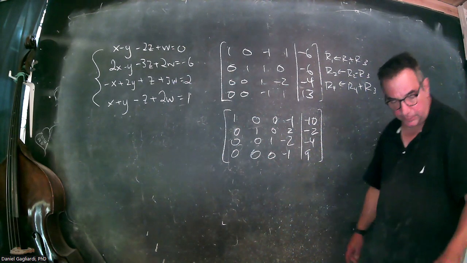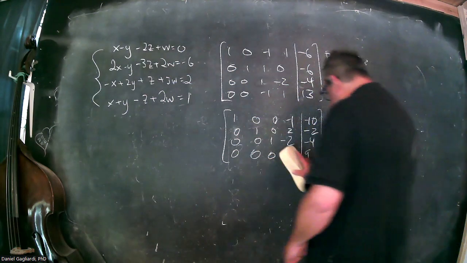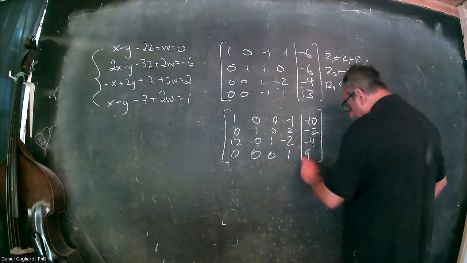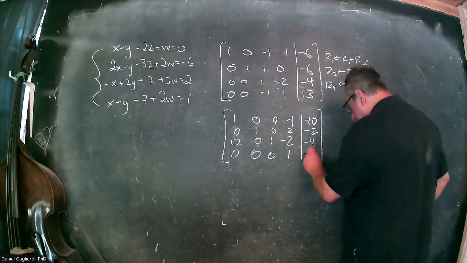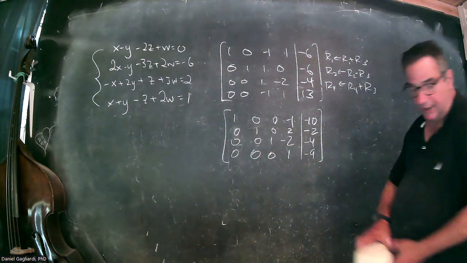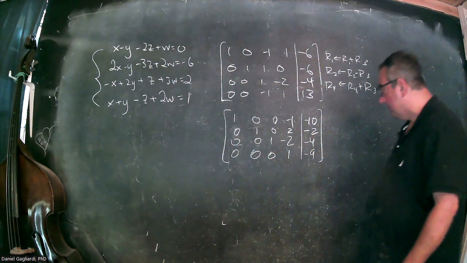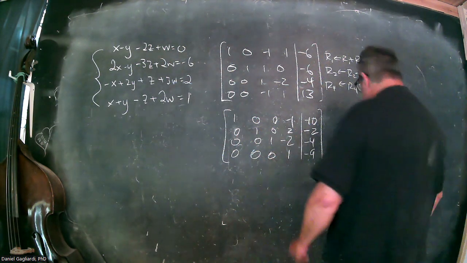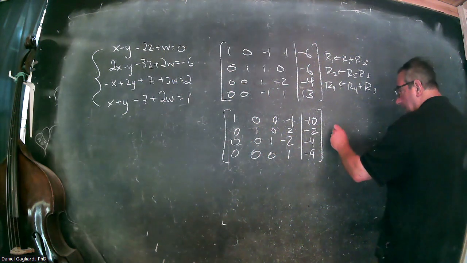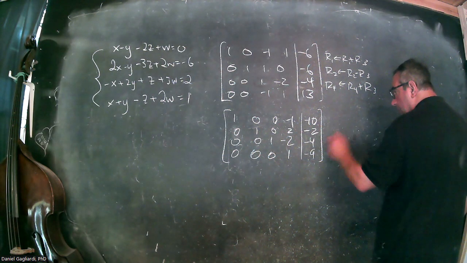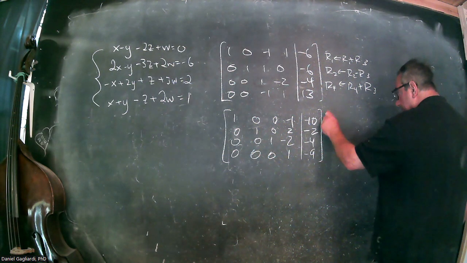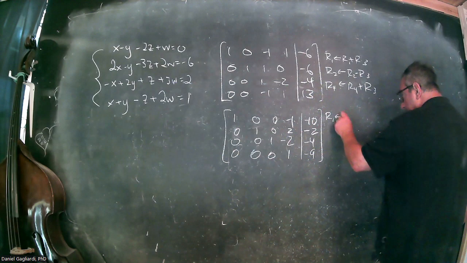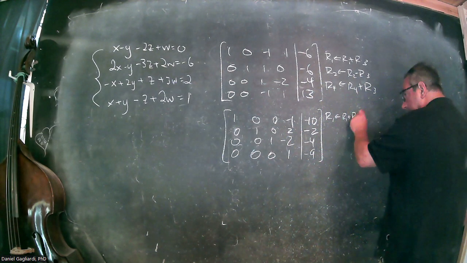If I multiply row 4 by negative 1, I'll have a leading 1 there that I could use to get zeros elsewhere in this column. So what am I going to do? The operations to do that will be take row 4 and add it to row 1. So row 1 gets replaced with row 1 plus row 4.